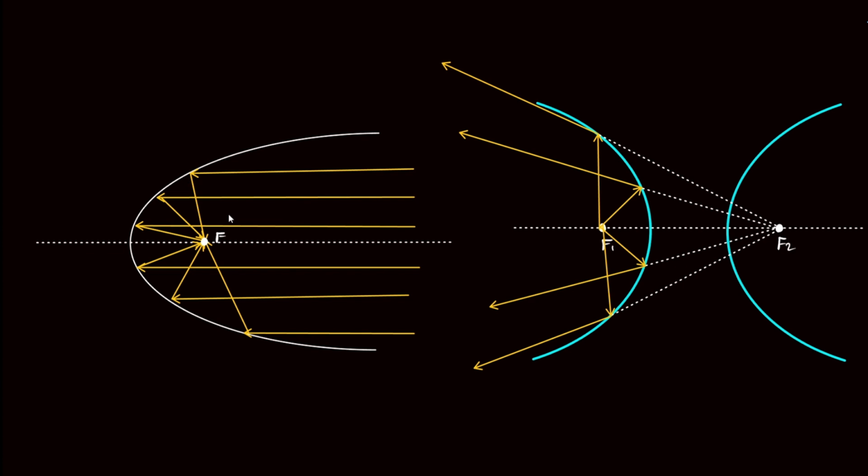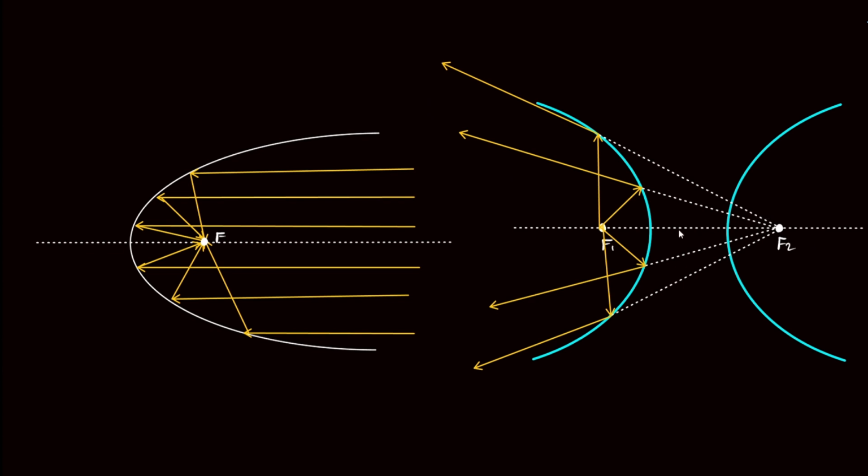It is used in the headlights of cars and many other places. And finally, the reflective property of a hyperbola. Light rays originating from one of the foci will reflect in such a way that they will seem to be reflected from the other focus.